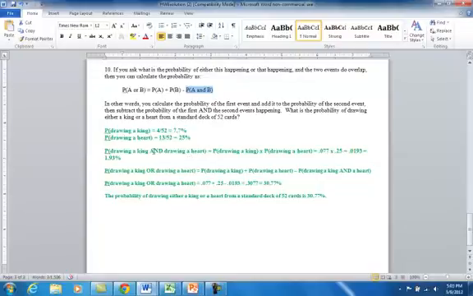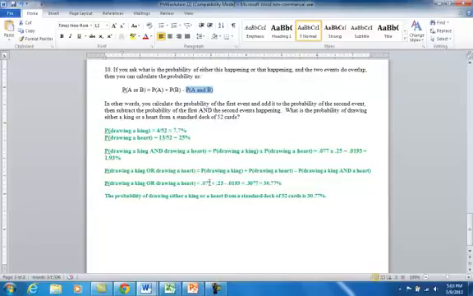So we say the probability of drawing a king and the probability of drawing a heart, because it's an AND, we're going to multiply those two. 0.077, which is 7.7%, times 0.25 equals 0.0193. Multiply that by 100. The probability of drawing a king and drawing a heart is 1.93%. The probability of drawing a king or drawing a heart, then we have to calculate it out.